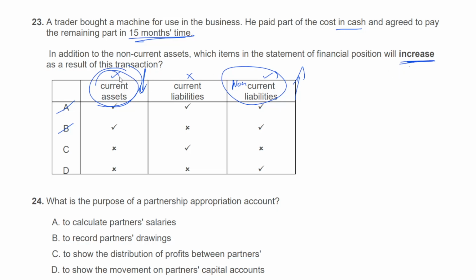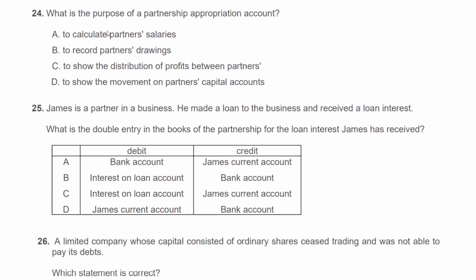So no to that, and no to current liabilities as well. Only up or increase to the non-current liabilities. That's all that's happening. Hope that's clear. Current assets are going down, nothing is happening to this one, and the non-current liabilities are going up in this case.